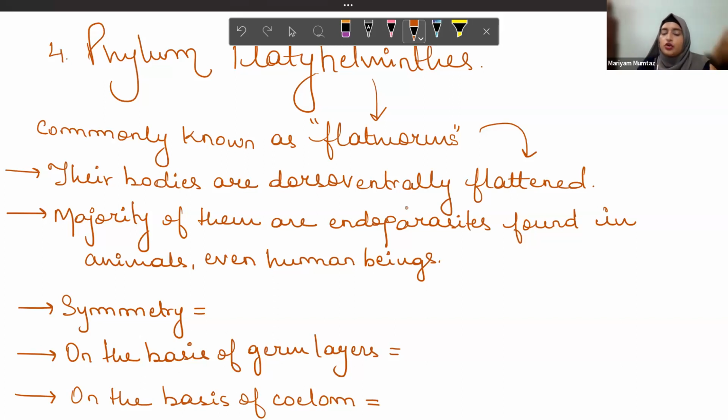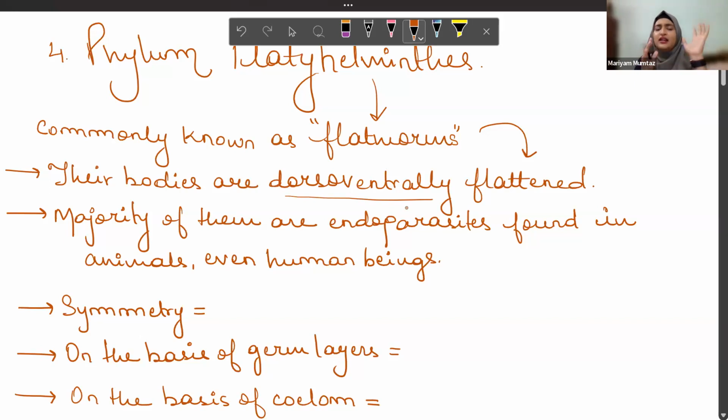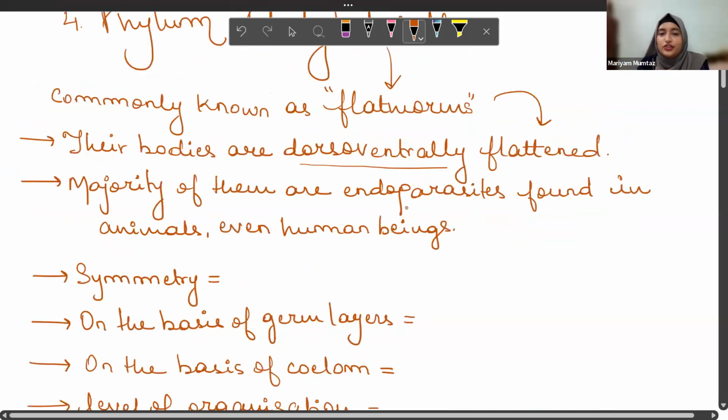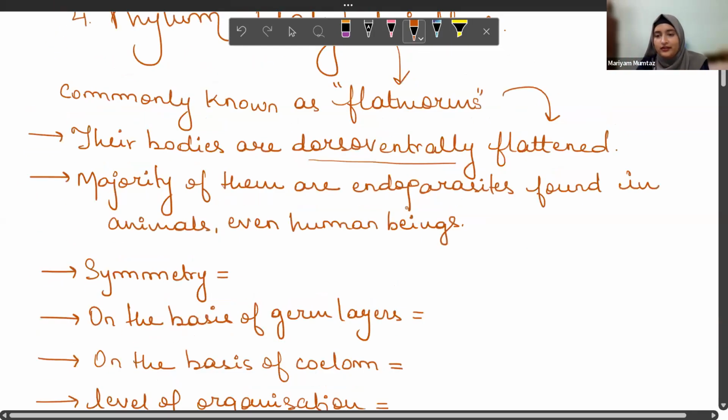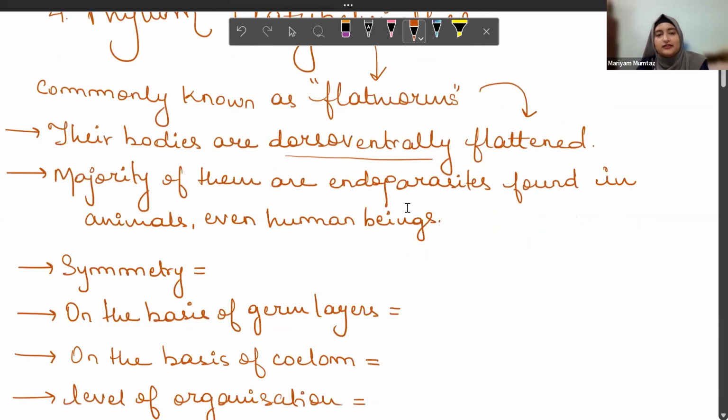These are the keywords: dorso-ventrally. Remember these things. You shouldn't write that the body is flattened from both sides. What sides? Dorsal and ventral side. You can write that their bodies are flattened from the dorsal and ventral side, or you can write dorso-ventrally flattened.